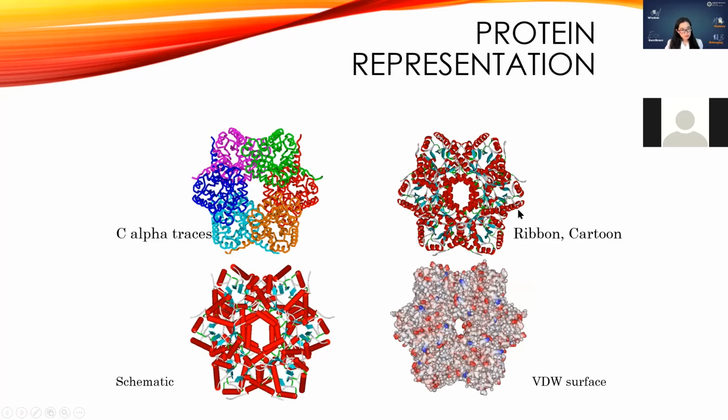And if you have ribbons for all of them, beta sheet in cyan, red color for the helix, you will have the ribbon. And schematic has direction, and van der Waals surface, normally they color it by charge properties. You can see the positive charge in blue, negative charge in red.